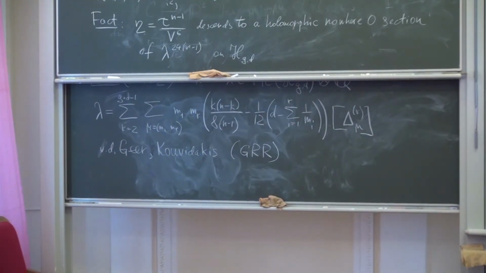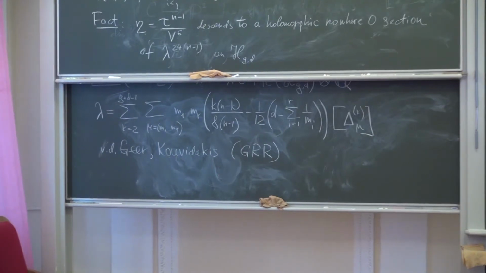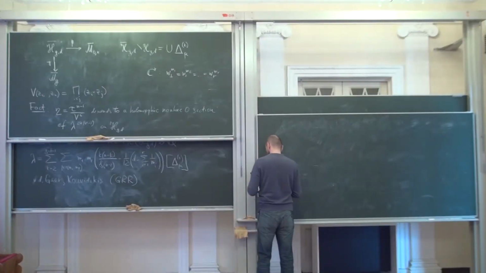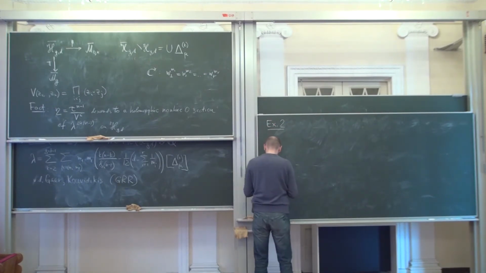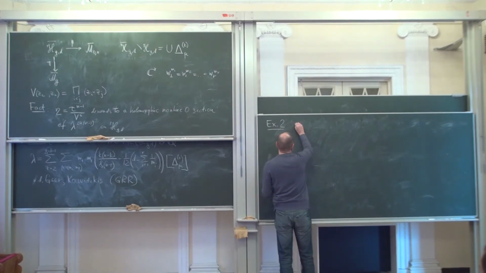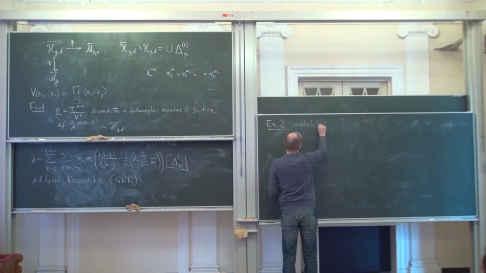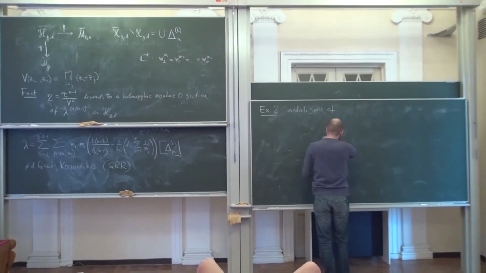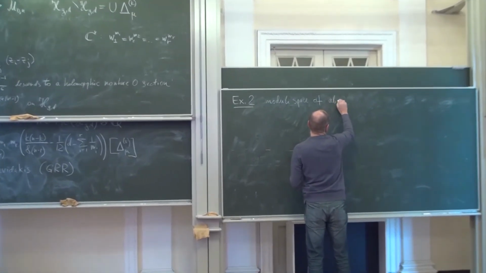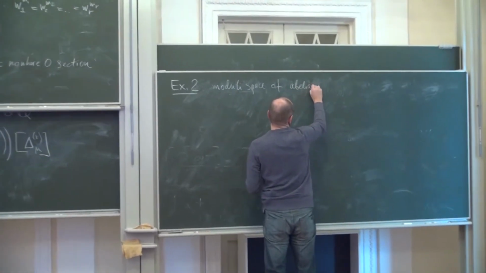So let me briefly mention some other examples. Another example, example 2, is about the moduli space of abelian differentials.